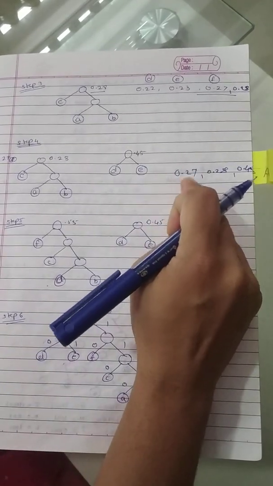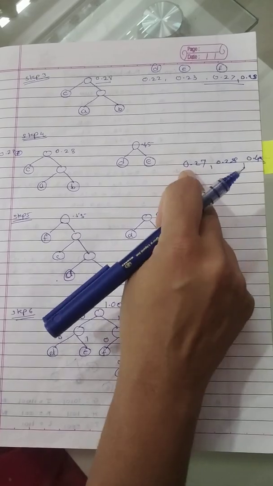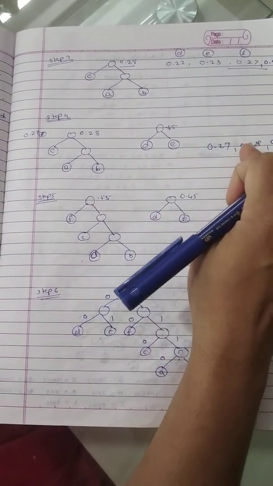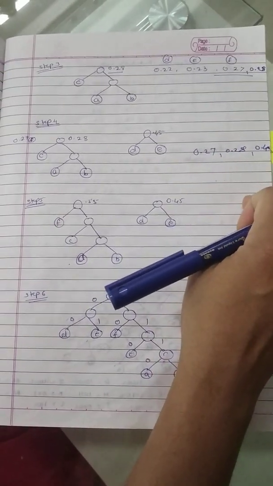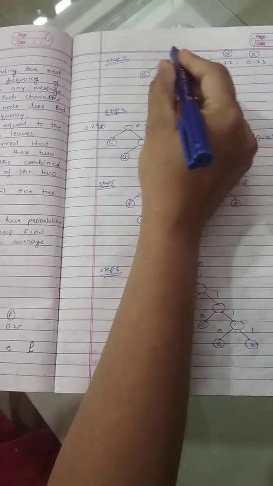You have to always make this list in the ascending order. Now 0.27 and 0.28 is there. Now 0.27 will be the left node of your derived tree and 0.28 will be the right node of your derived tree. But here 0.28 represents this complete tree.